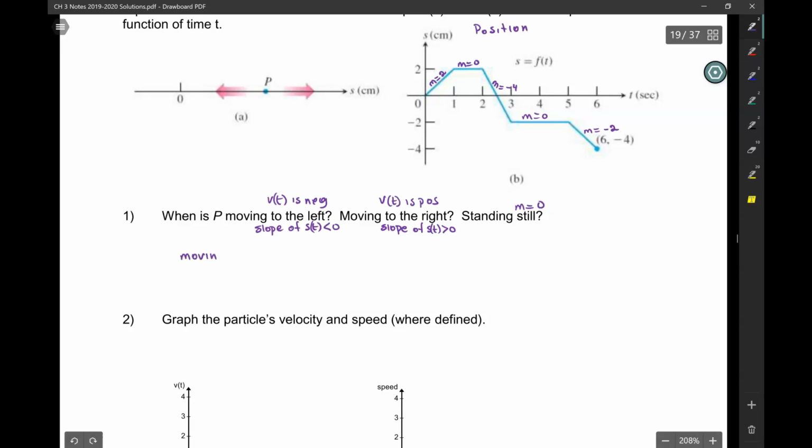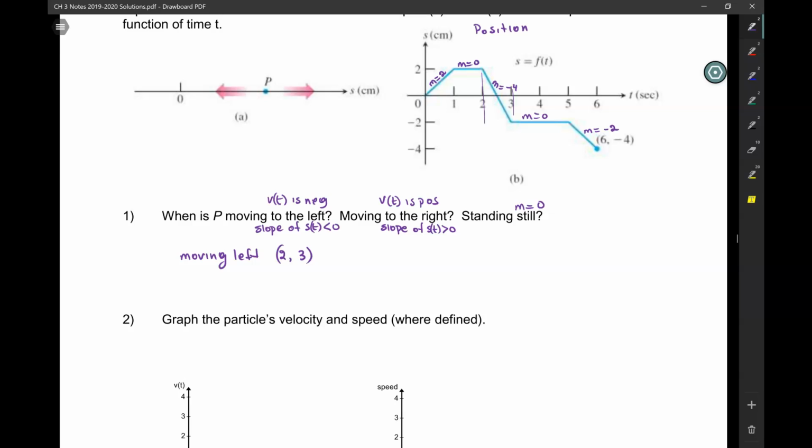So, over the interval 2 to 3, right? Just like before when you were graphing the derivative, remember we closed the endpoint at the very edge. The very edge has to be closed. Everything in the middle has to be open. So 2 to 3 and from 5 to 6.